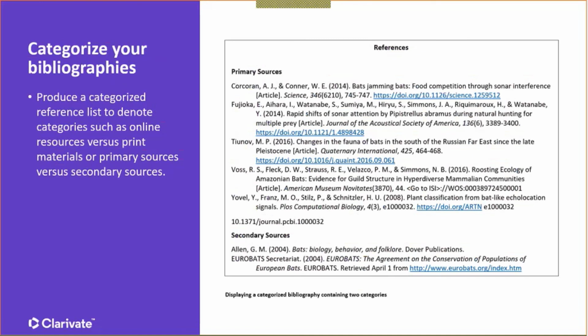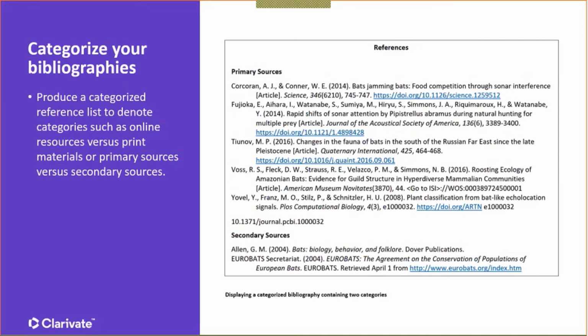You have the ability, via the Cite While You Write add-in for Microsoft Word, to categorize your references. Not something that everyone needs to do, but in some instances you may be asked to separate your primary sources versus your secondary sources, or print materials versus online available materials.